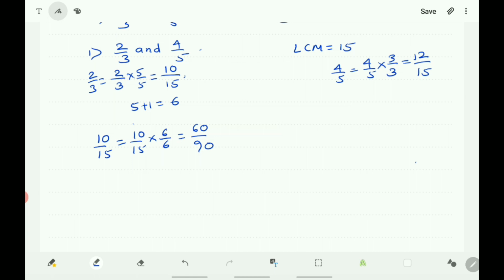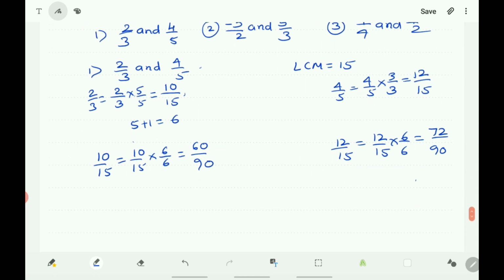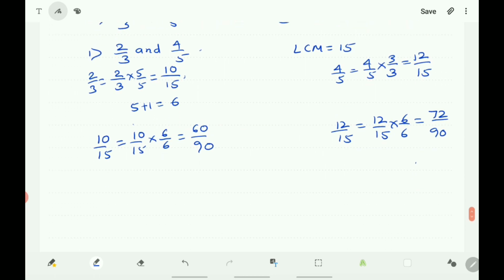And here you take 12 by 15, that is equals to 12 by 15 into 6 by 6, so it becomes 72 by 90. And here you need 5 rational numbers, and the rational numbers between 60 by 90 and 72 by 90, you can write many.